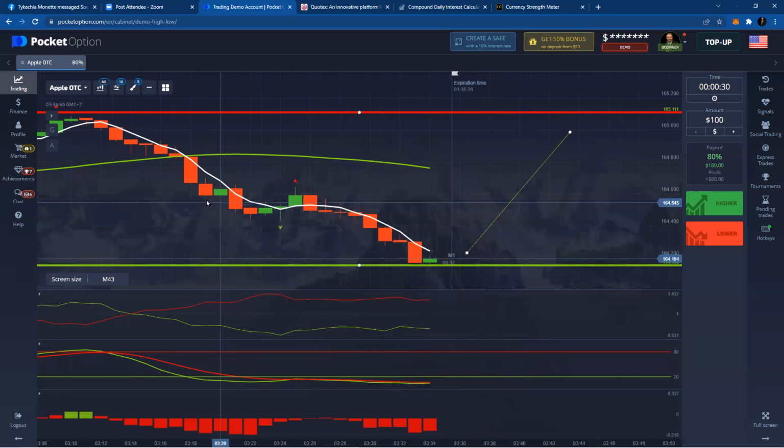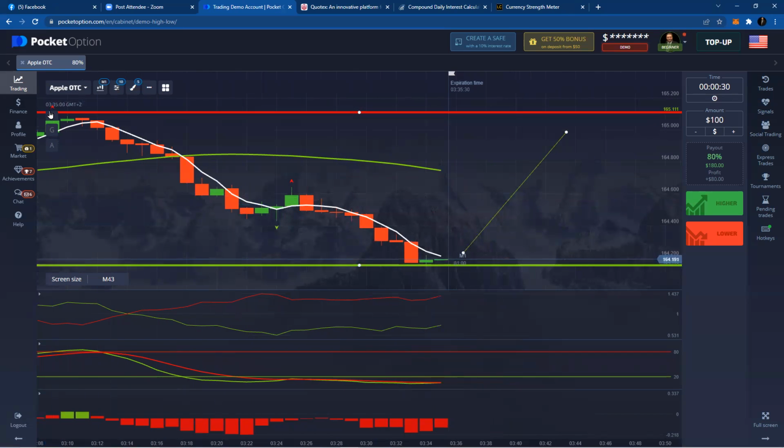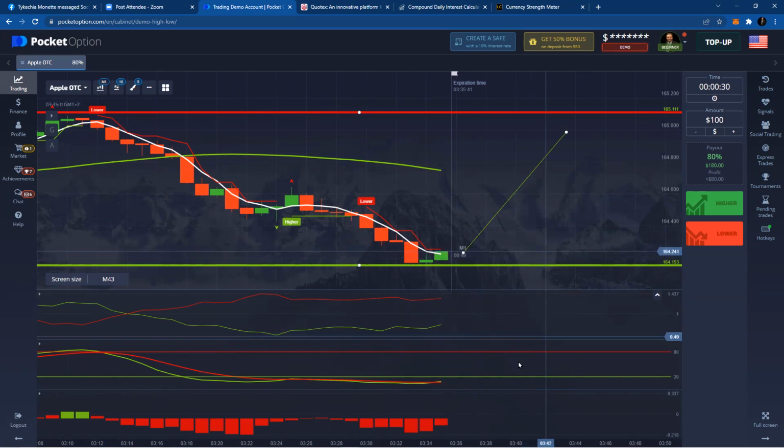All right. Let me add another thing in here. Yeah, this thing is selling big time. But see over here, the green is starting to come on top. And we see the change over here.